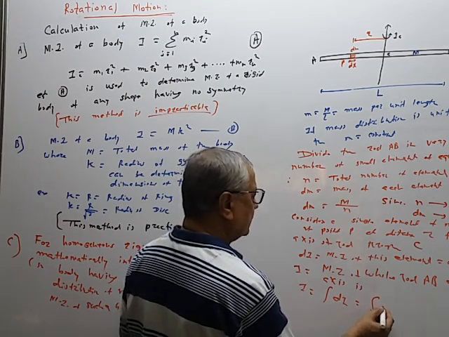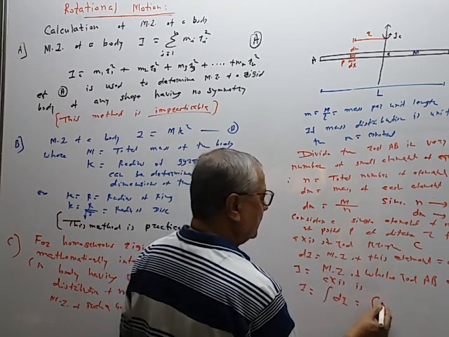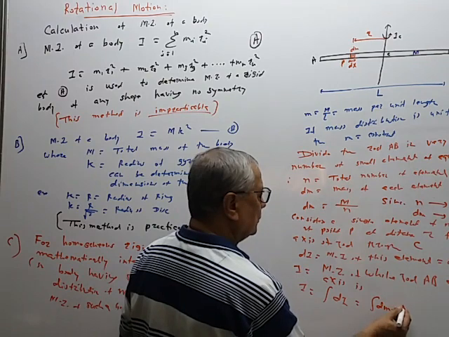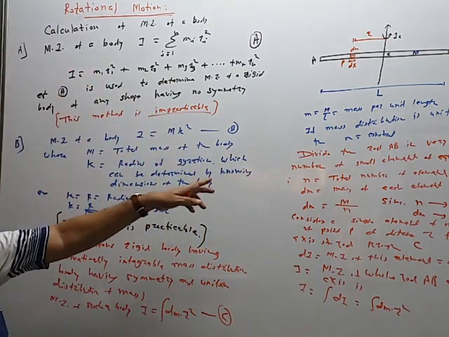So this is equal to integration of dI, की वैल्यू अपन ले ली dm into r square. So this equation C is like this.